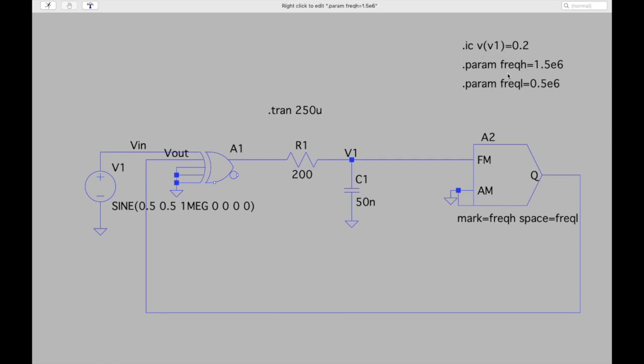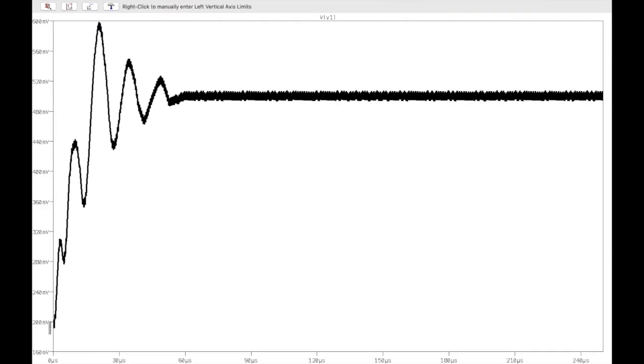That is the initial condition, and it started like this. We can see how the control voltage varies, and eventually it goes to this value, right? After a good number of cycles we can see it settling to this value, and of course we can find the average value of this waveform. If I move the cursor around, it comes to around 500.